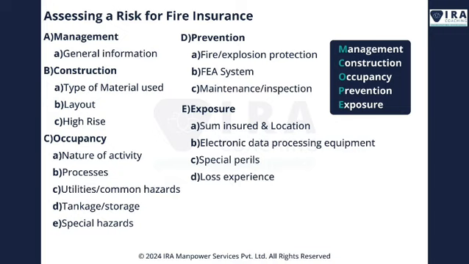Now moving ahead, like I said, one of the main important tasks of underwriting is to accept the risk. We saw that, right? So accepting is the first step. How do you accept? You need to analyze, you need to evaluate, you need to assess the risk for fire insurance.